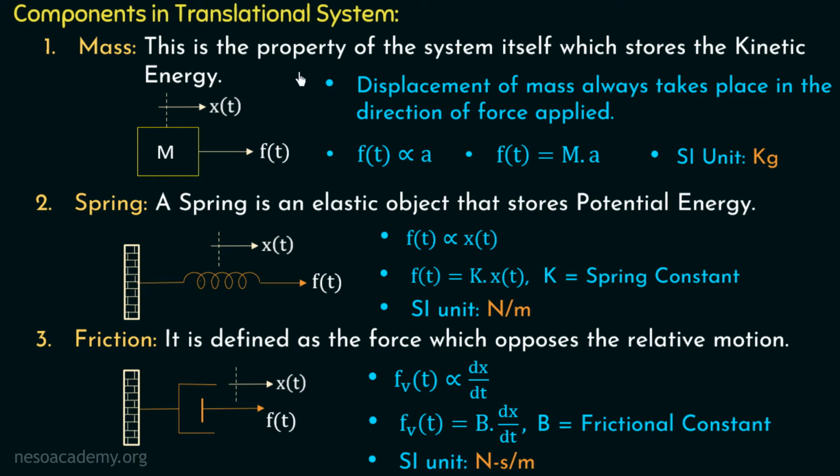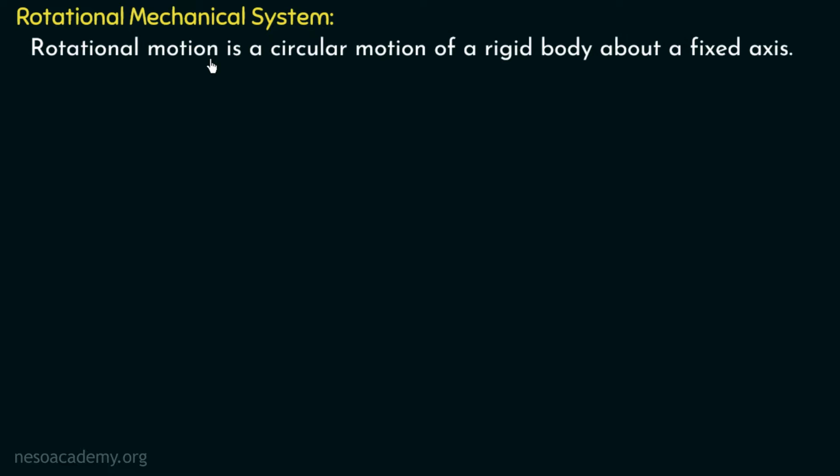So in this way, we are now done with the discussion of components in translational system or the elements present in translational system. We will now move on to the discussion of rotational mechanical system. Moving on to rotational mechanical system, we will first see the definition of rotational motion. The rotational motion is defined as a circular motion of a rigid body about a fixed axis.